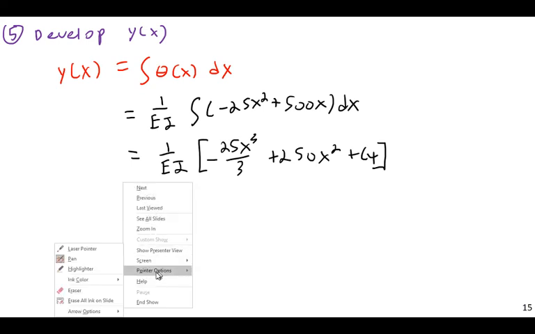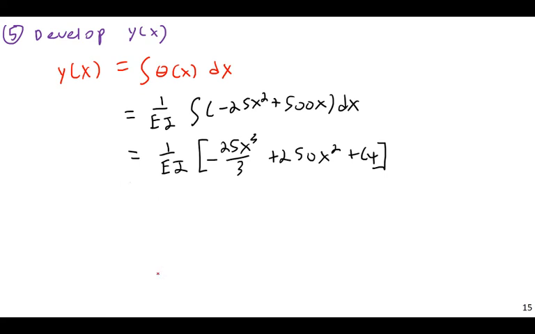And I know that at a fixed support, not only is the slope equal to 0, but the deflection is going to be equal to 0. Boundary condition: y at x equals 0 is equal to 0.